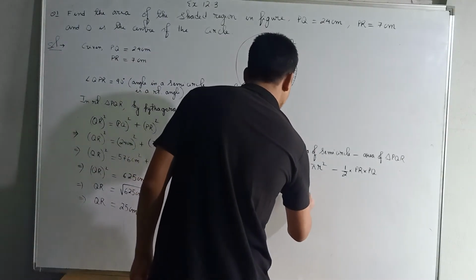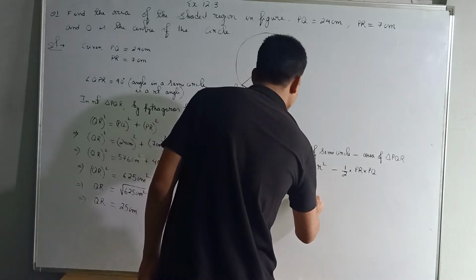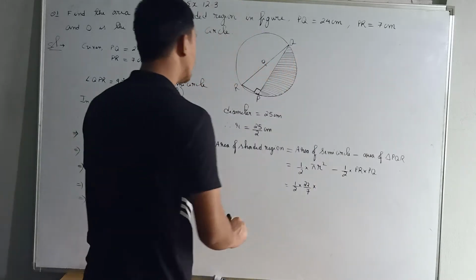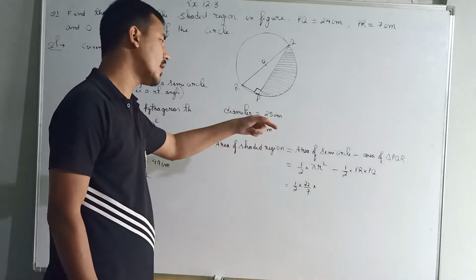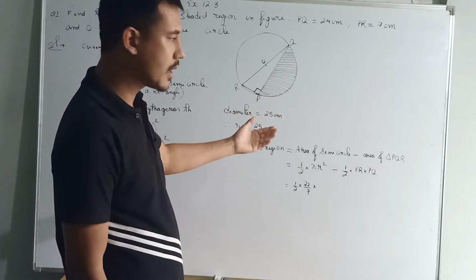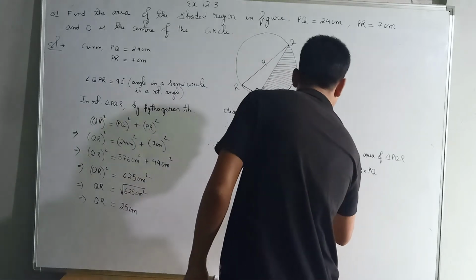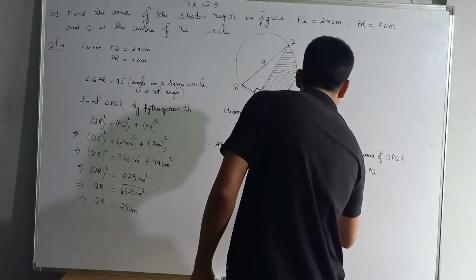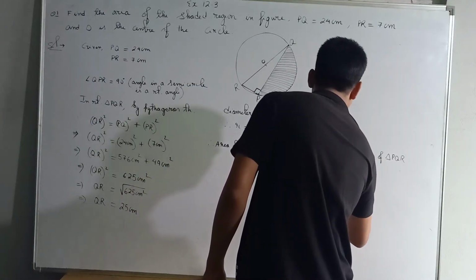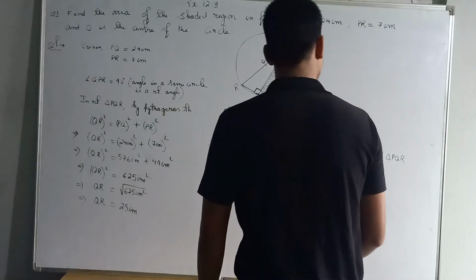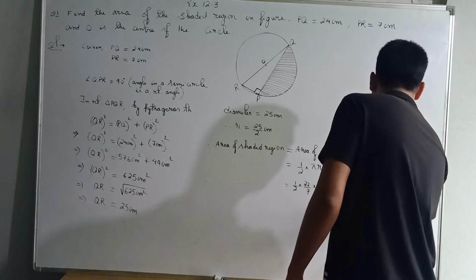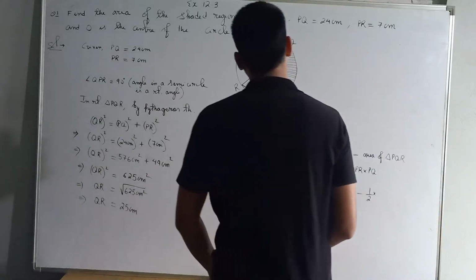So half into pi means 22 upon 7 r square. The radius is 25 upon 2 centimeter. R square means r times r. So I'm going to write 25 by 2 centimeter times 25 by 2 centimeter minus area of the triangle, half into PR into PQ.